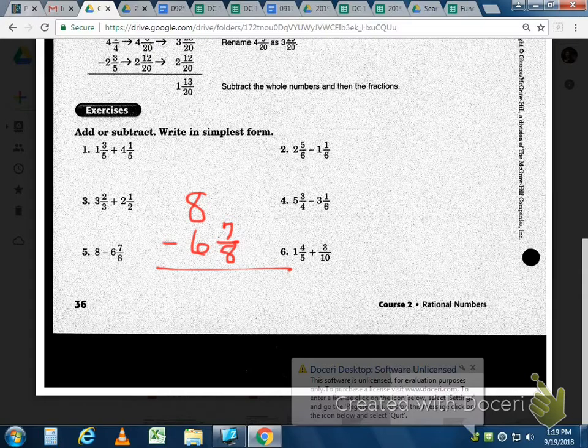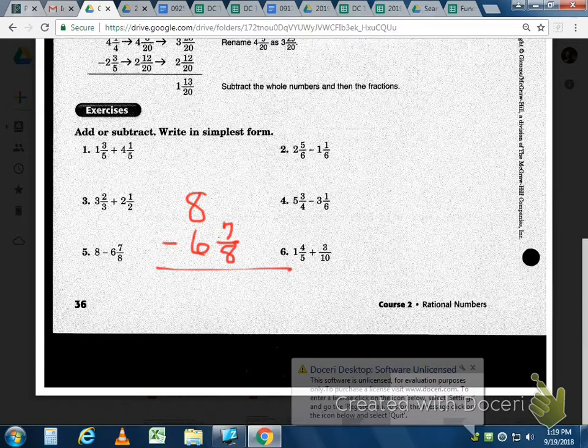So what could I put in that spot? Any idea? 0. If I put a 0 there, I've got to be able to subtract 7/8 from 0, and I can't do that. But let's think about this. Anytime you're trying to subtract a regular number and it's too much, you're taking away too much from what you have above it, don't you have to borrow?